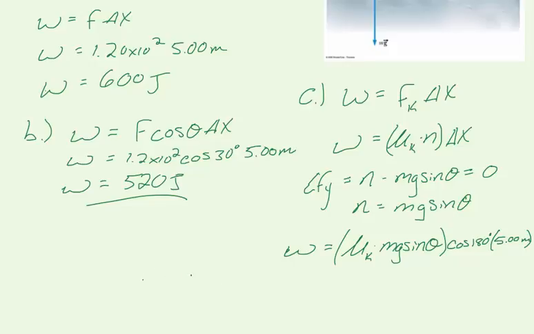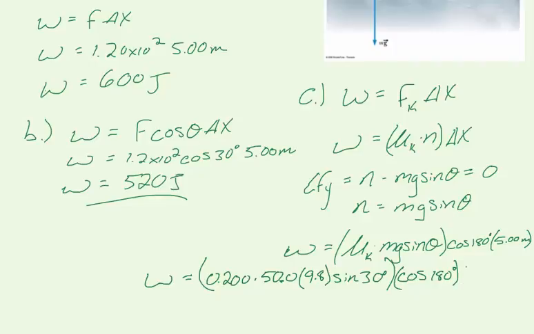So we see that force will be equal to our coefficient of kinetic friction, which is 0.200, times our mass of 50 kilograms, times our acceleration due to gravity, times sine of the angle that the force is being applied, which is 30 degrees, times the parallel component of our linear displacement, which is cosine of 180 degrees, times our change in displacement of 5 meters.